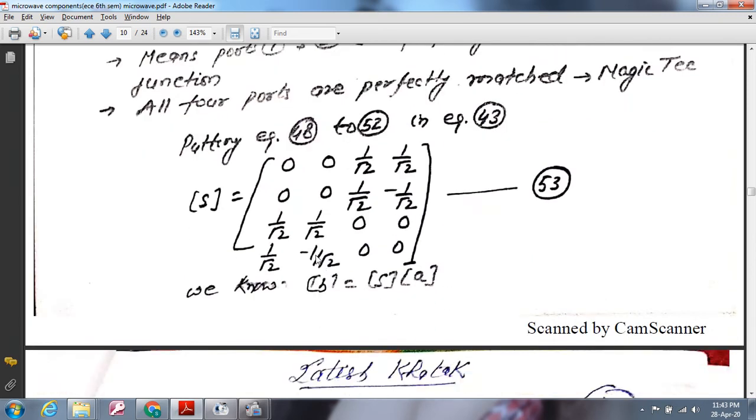This 53rd equation is the final S matrix for our magic T.